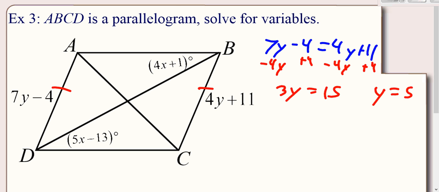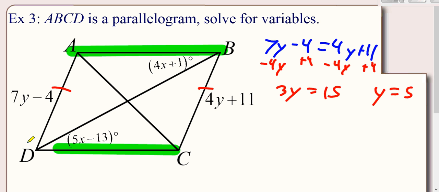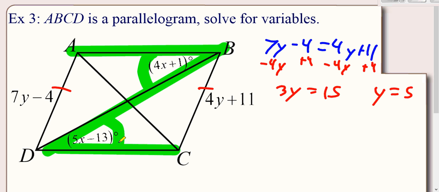Now, the other piece of this, the other property, we know that these lines are parallel. And there's a transversal. So you get those z angles, which means they are congruent because they're alternate interiors.